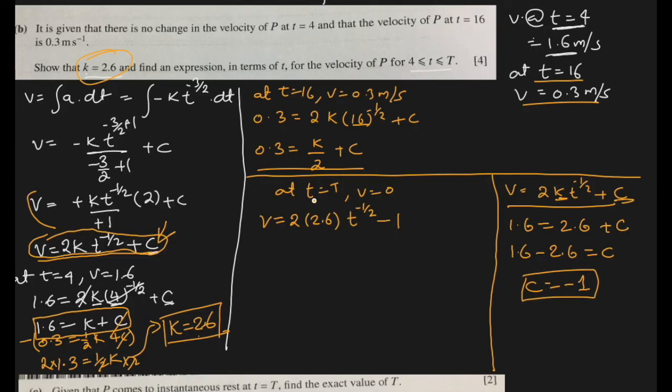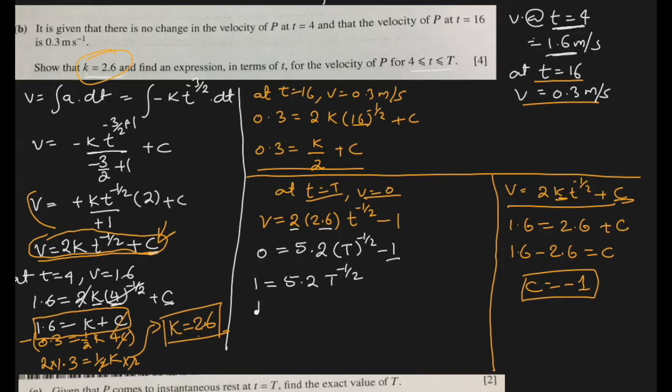Now at T, v is 0, and we will substitute these two facts now. v is 0, 2 times 2.6, 5.2 t to the power minus half, minus 1. Let's bring this minus 1 to the left. 1 equal to 5.2 t to the power minus half.